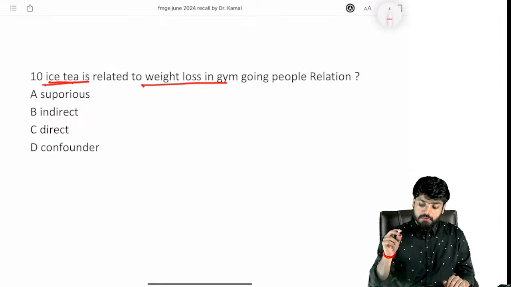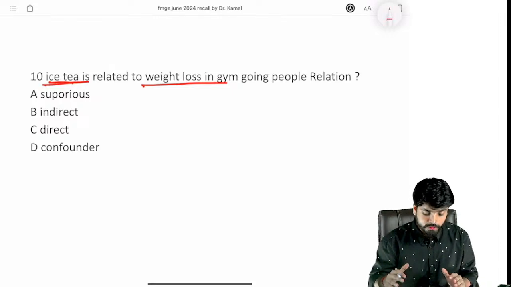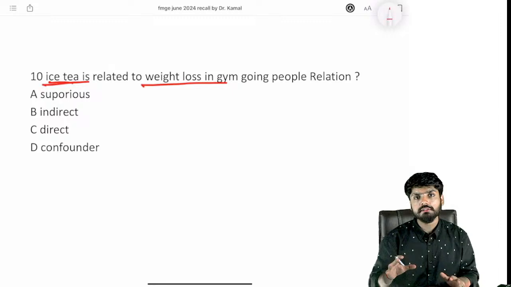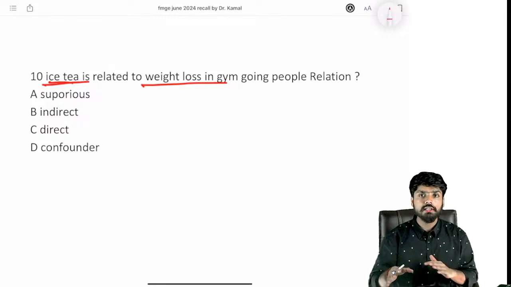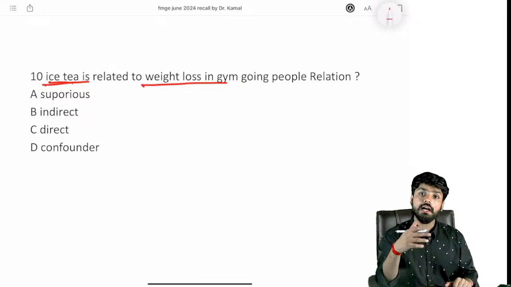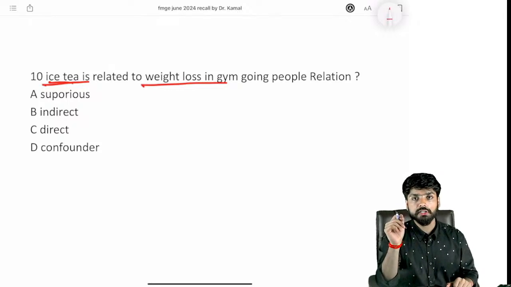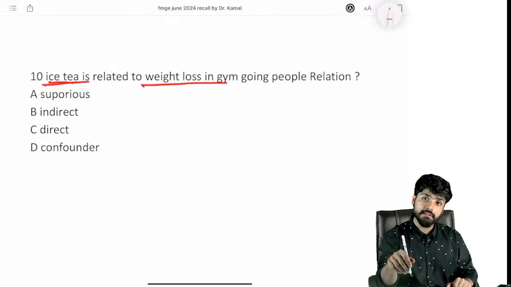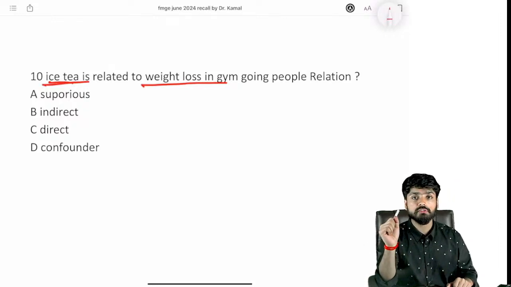Until I get the exact frame of the question, I can simply explain what we are dealing with here. If someone is saying that iced tea helps you lose weight, instead of exercising, that the people coming and exercising in the gym are losing weight because of iced tea.